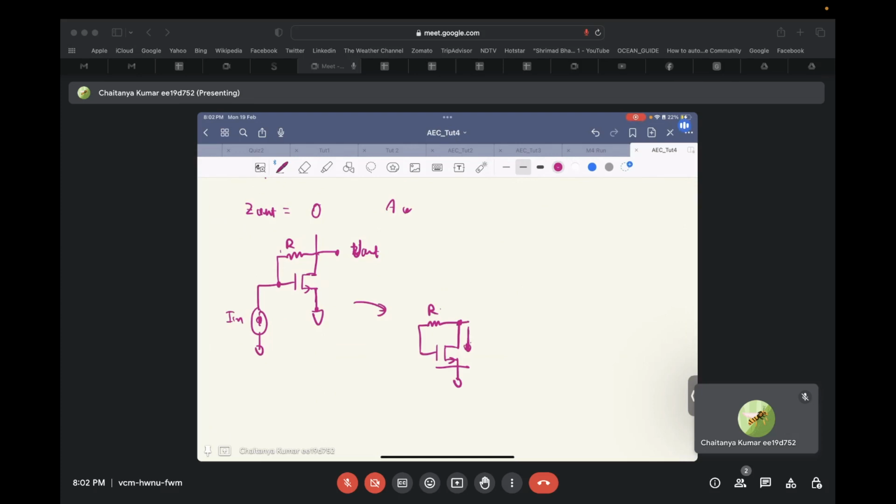That means there is no incremental current flowing through there. There will be a biasing current flowing through this transistor to keep it in the saturation region, but there won't be any incremental current on top of that due to changes in the circuit.